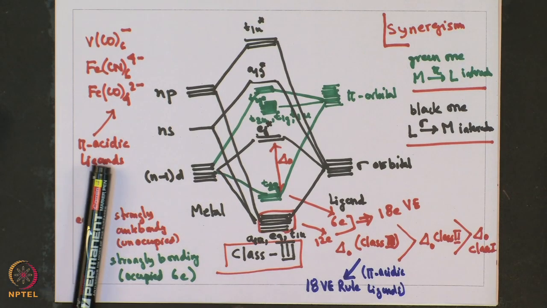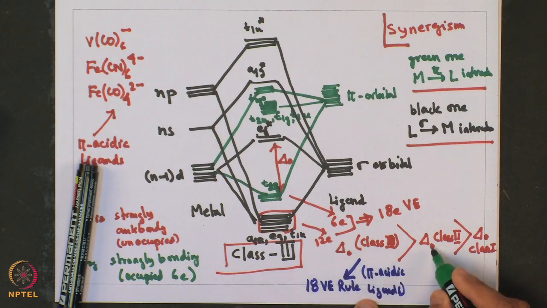For class 2, the delta 0 value is somewhat lesser than class 3, and they are for 4d and 5d metals.